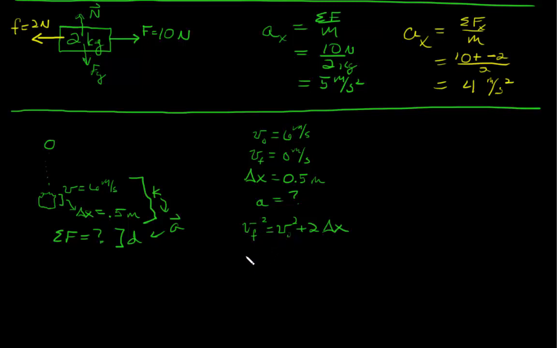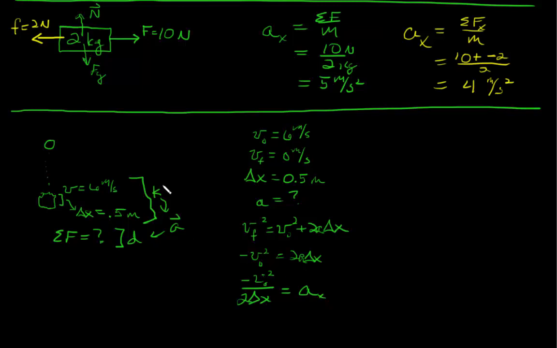If I move this over, I get negative v naught squared equals 2 a delta x, and then divide by 2 delta x, so negative v naught squared divided by 2 delta x equals the acceleration. I forgot an a in there.